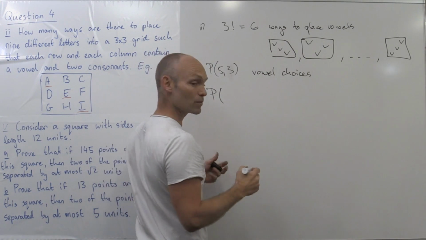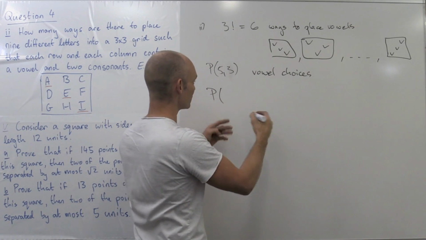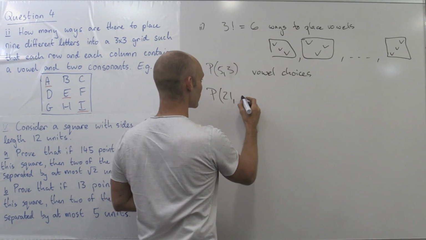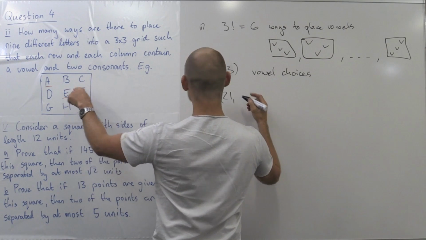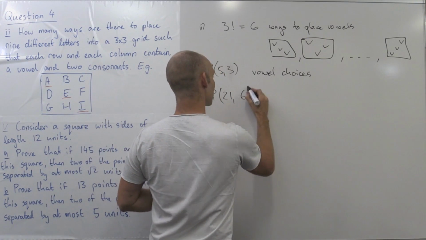We've got 21 consonants, 26 minus the vowels, so 21. And here we're choosing 9 minus the 3 vowels, which is 6. There we go.